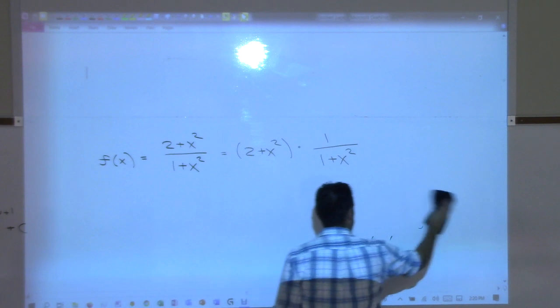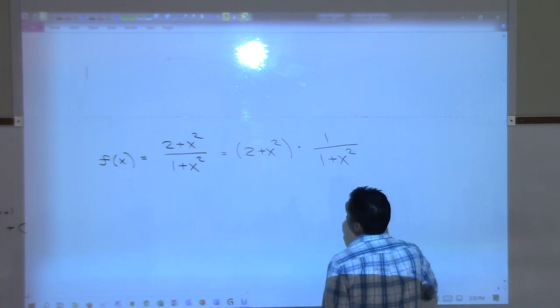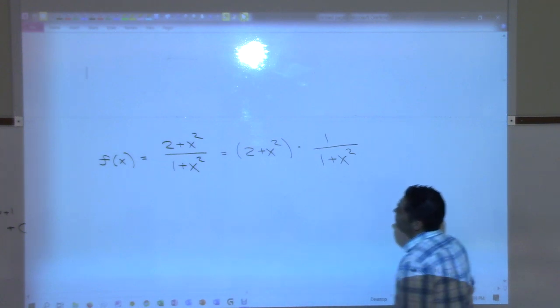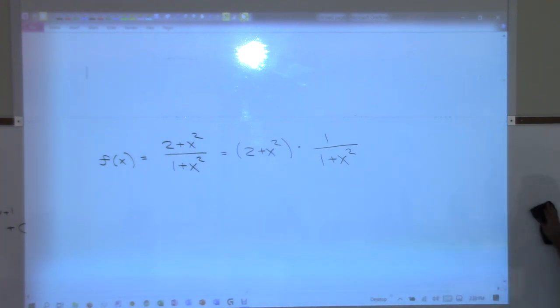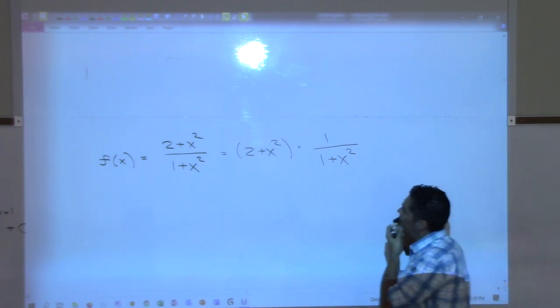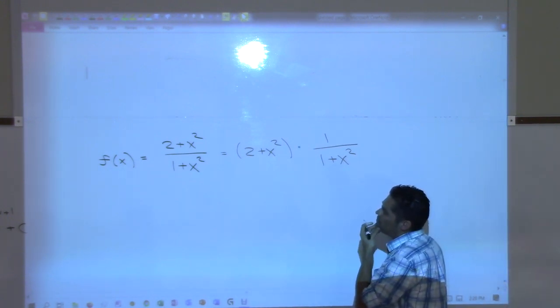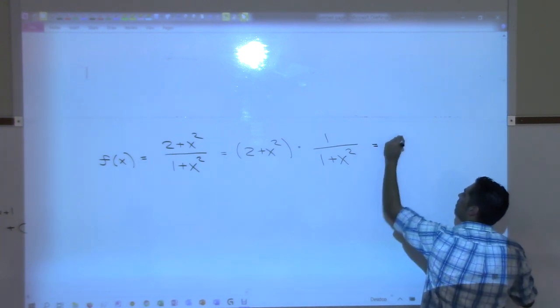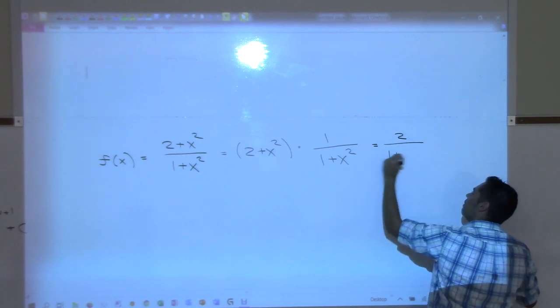Okay, if we can't do them separately, then maybe that's not the path. So does anyone have a suggestion as to what to do here? Multiply out the 1 over 1 plus x squared. What do you mean multiply it out? It'd be 2 over 1. Oh, are you wanting me to rewrite it like this?